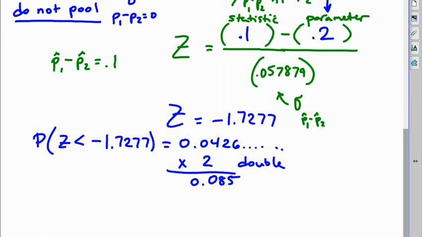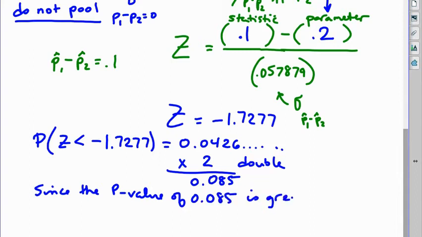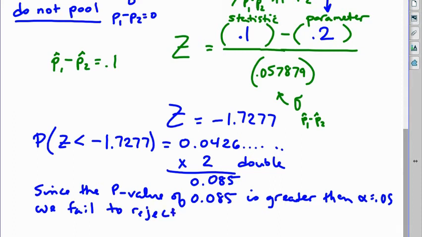We have not enough evidence, so since the p-value of 0.085 is greater than alpha equal 0.05, we fail to reject the null hypothesis.